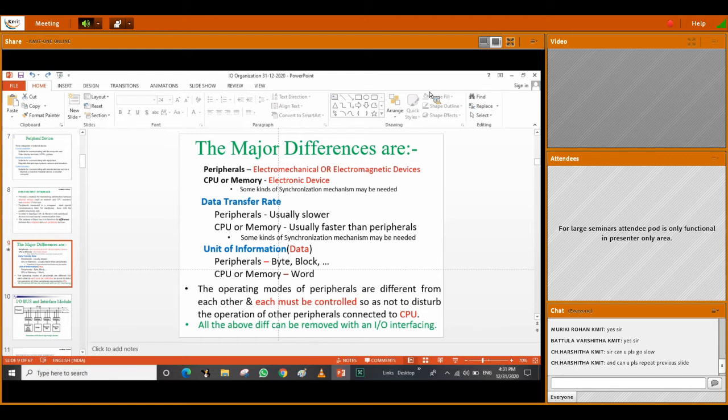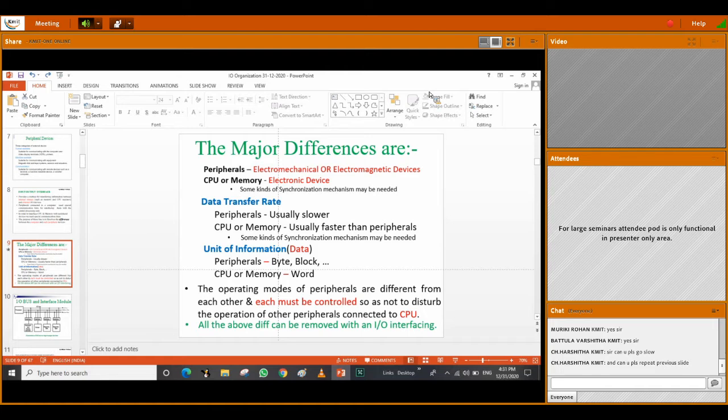So the CPU is an electronic device, and peripherals are electromechanical or electromagnetic devices. Comparing the two, the CPU is very fast and peripherals are slow. Whenever we transfer data, the CPU is very fast compared to the peripheral devices.